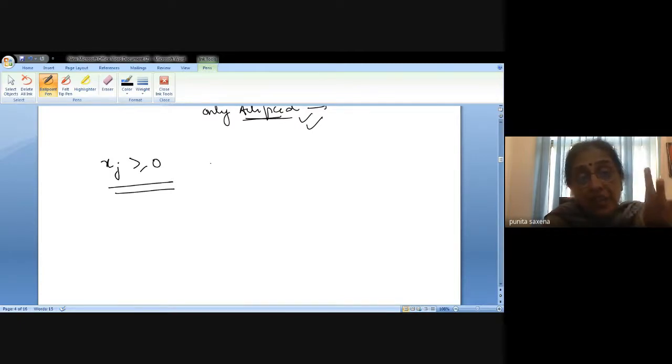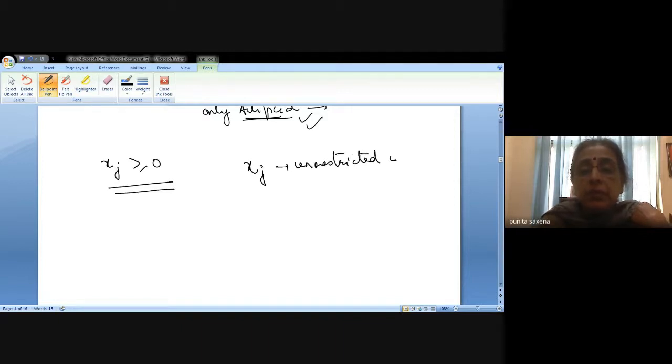A parameter gets defined where it is difficult to ascertain whether it will always be non-negative or not. So in that case, we say that a particular variable is unrestricted in sign. That means that particular variable can be positive, that particular variable can be negative. So it is unrestricted in sign, right?